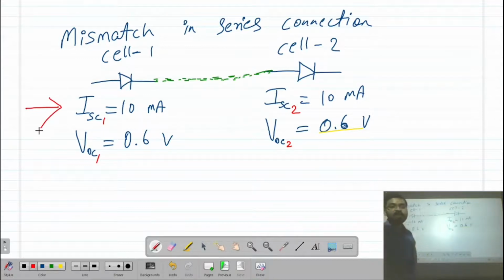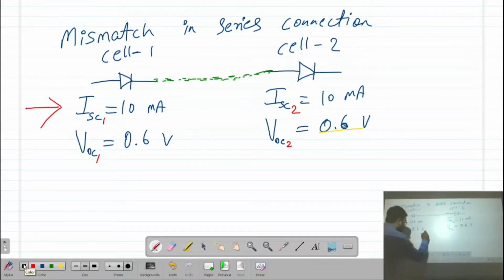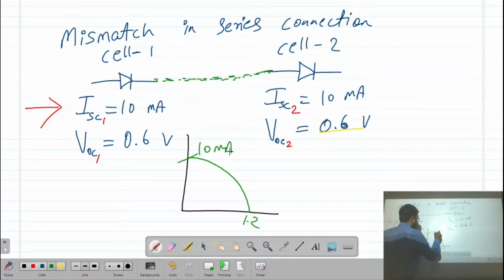Let us have the mismatch in current of two cells. In ideal condition, if it is having 10 milliampere, then this is 1.2, this will be 10 milliampere.